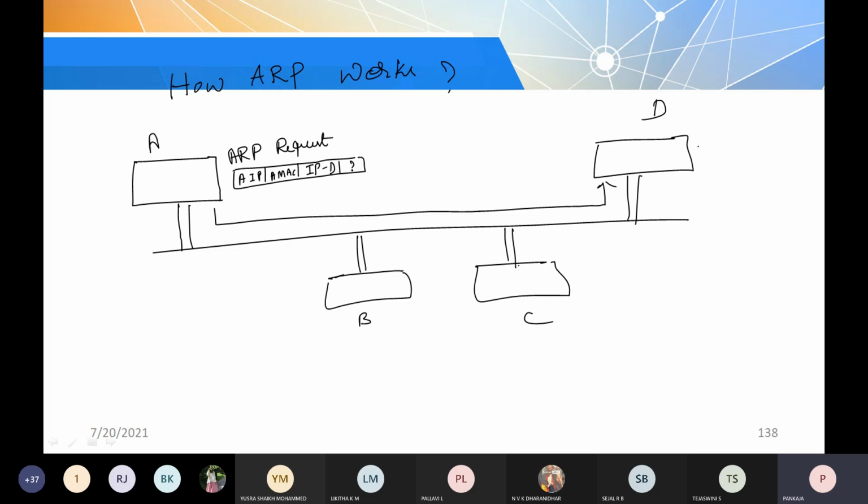Now this device is going to respond to this request. That is called the ARP response. In the response, it will have all this information, along with its own IP address plus its own physical address or MAC address.